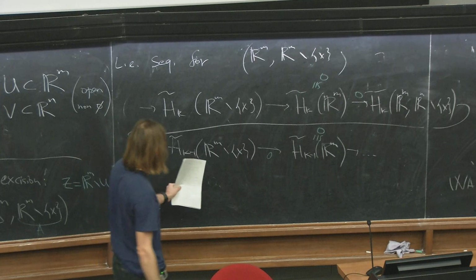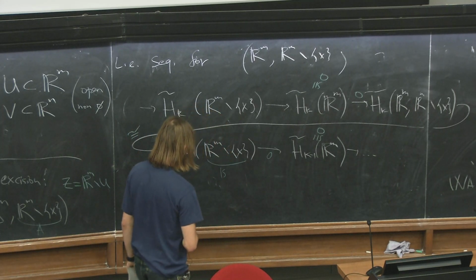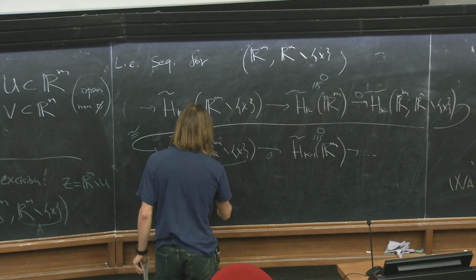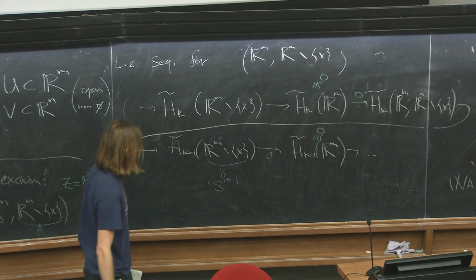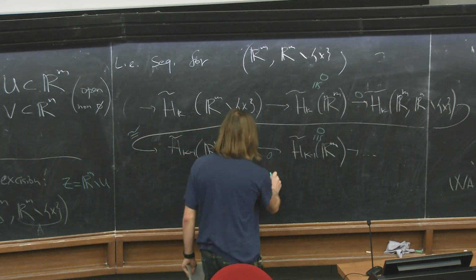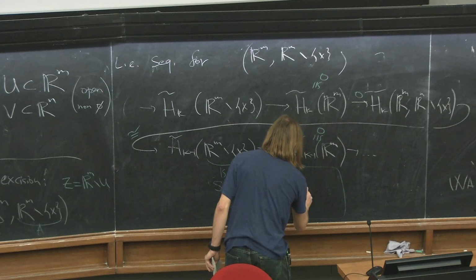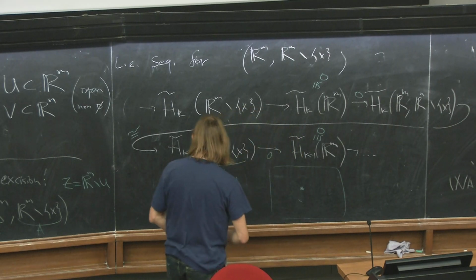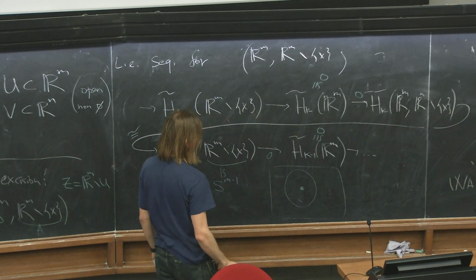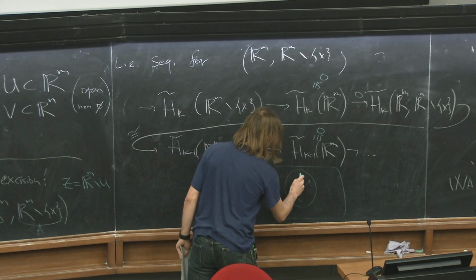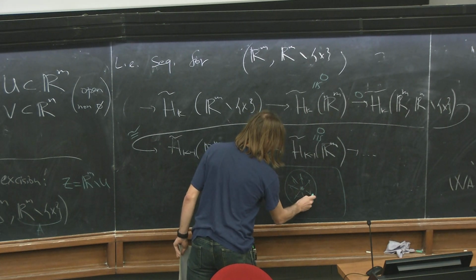But for this space, Rm minus a point, we know it is homotopy equivalent to the m minus one-dimensional sphere. If you consider Rm and remove a point, consider a sphere which surrounds this point, and you can deformation retract the complement to the sphere.